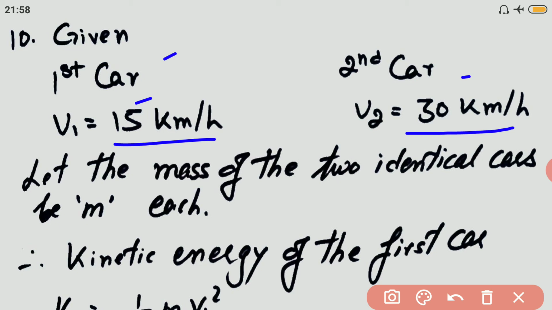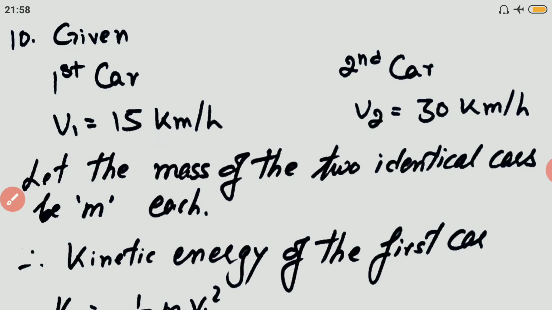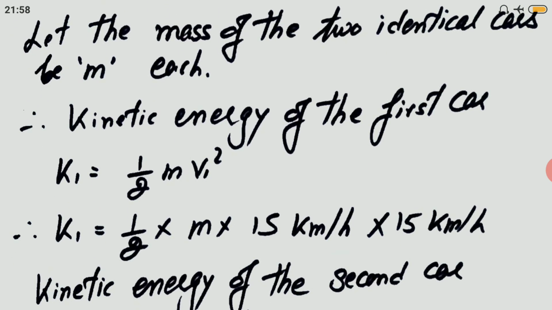So let the mass of the two identical cars be m. Since they are identical, they will have the same mass, that is m. Therefore the kinetic energy of the first car, K1, equals half m V1 square, which is half m 15 km per hour into 15 km per hour. Now you must be wondering why I haven't changed the unit.